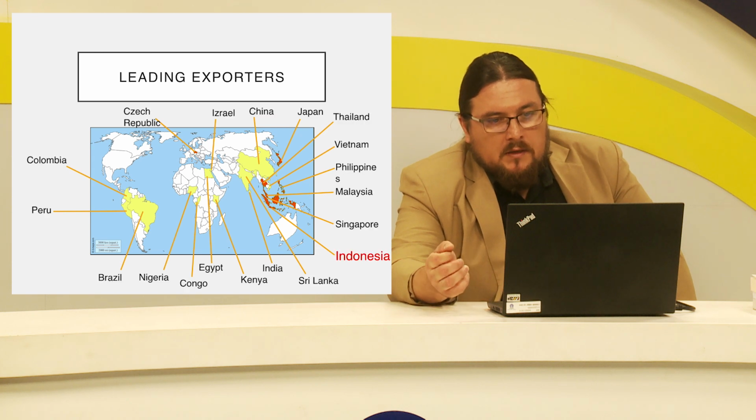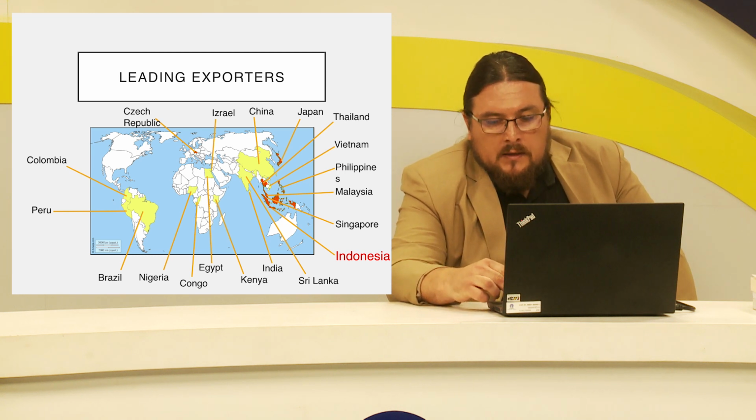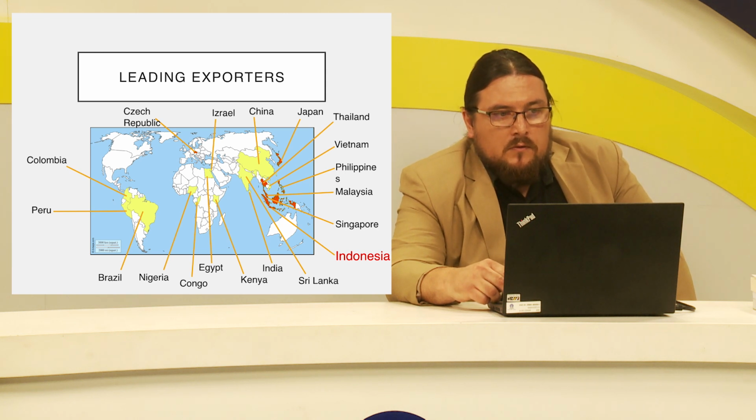And also Israel, where the production of ornamental animals is increasing rapidly recently. So these countries are Singapore, Malaysia, Philippines, Vietnam, Thailand, Japan, China, Israel, Czech Republic, Colombia, Peru, Brazil, Nigeria, Congo, Egypt, Kenya, India, Sri Lanka, and Indonesia. Indonesia is one of the main suppliers of these animals in the world.